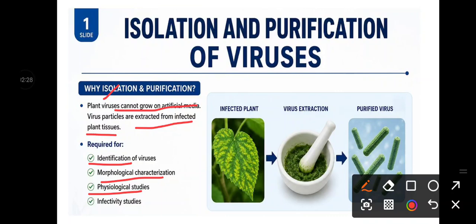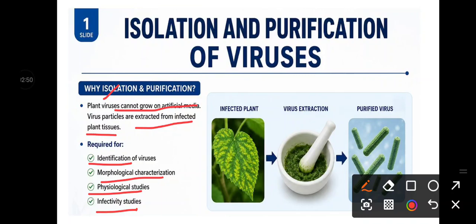To study that also we need a purified virus sample. Then to study the infectivity. So we need isolation and purification for identification, characterization, physiological study as well as infectivity study.